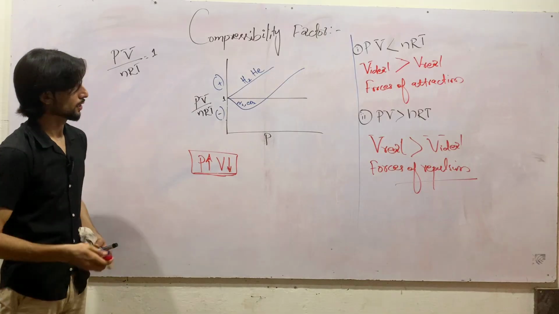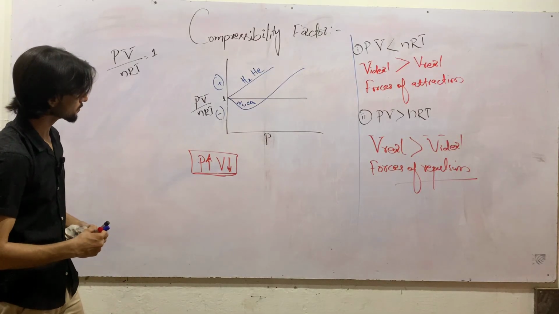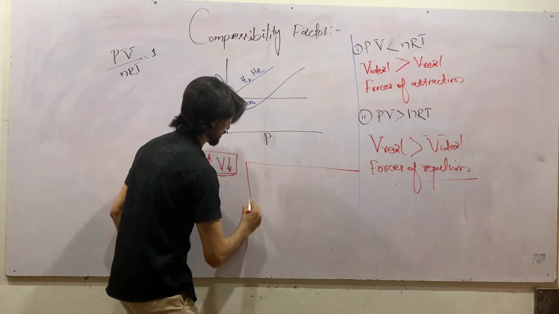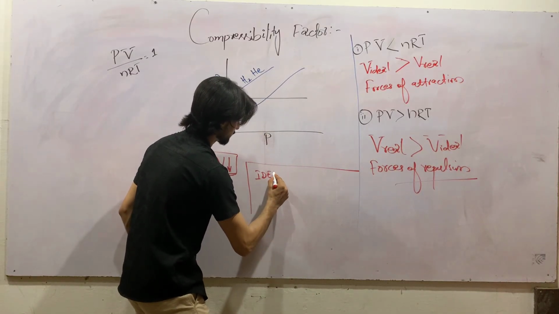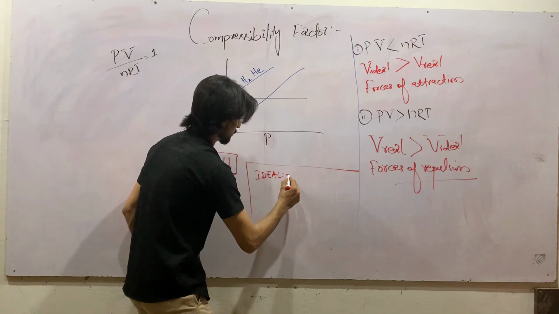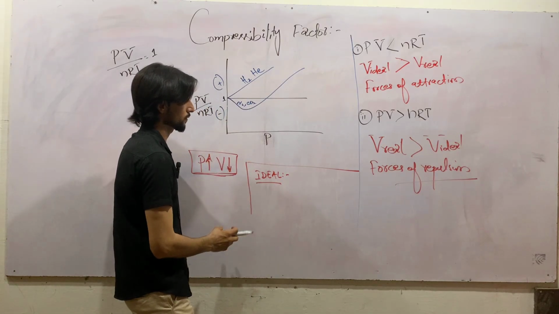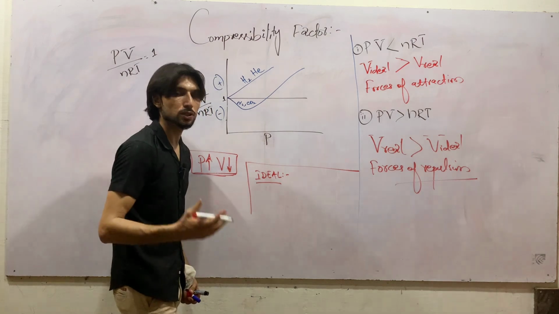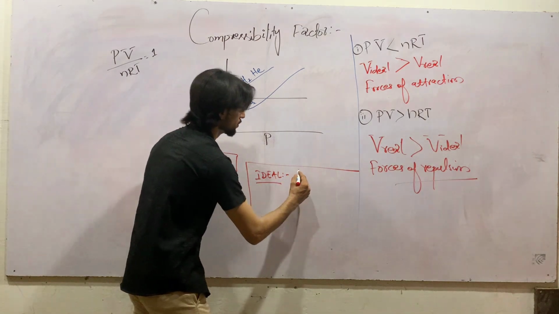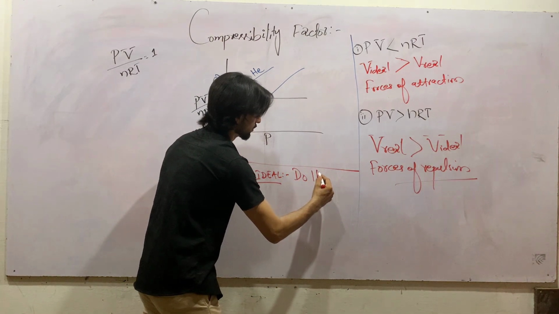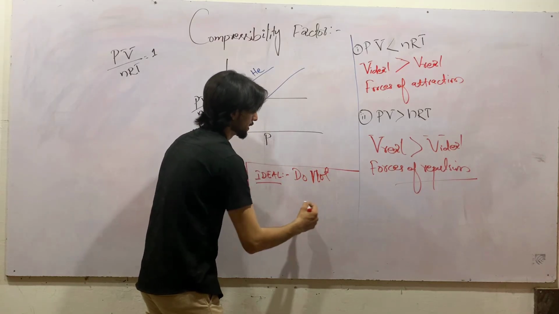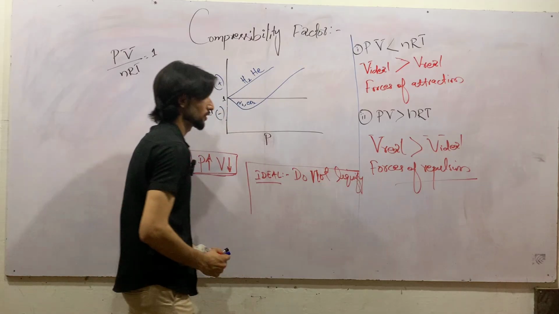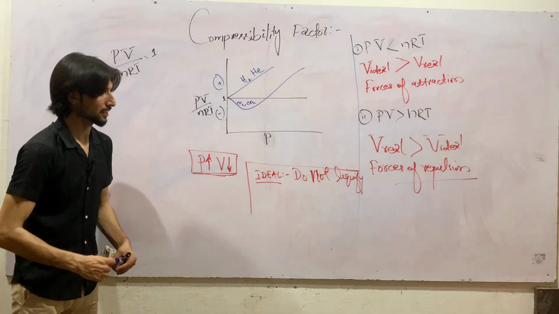One thing to be noted is that for an ideal gas, if there is no force of attraction or repulsion, no force of interaction, you cannot cool them down to liquefy them. So ideal gases do not liquefy, and you will not see the Joule-Thomson effect applying on them.